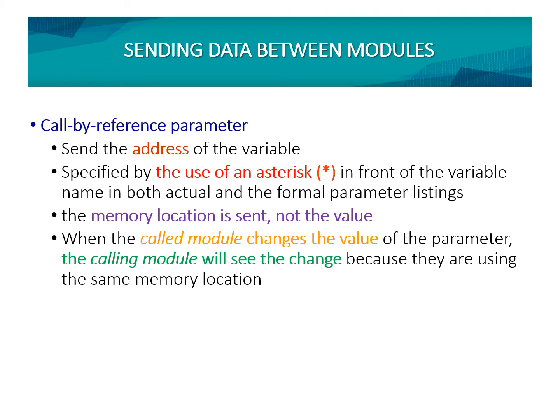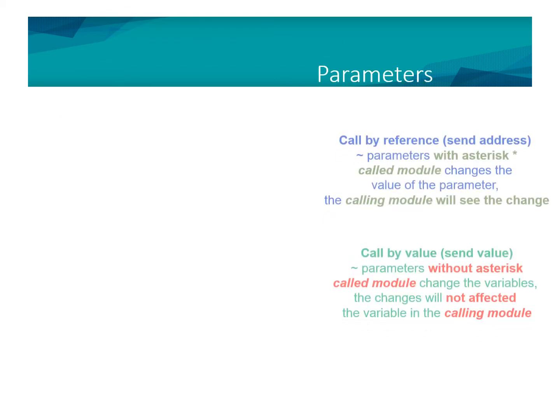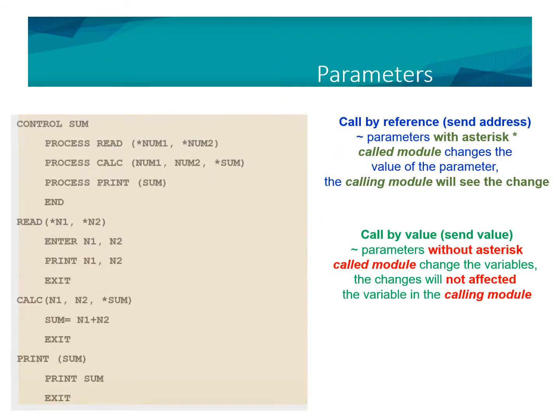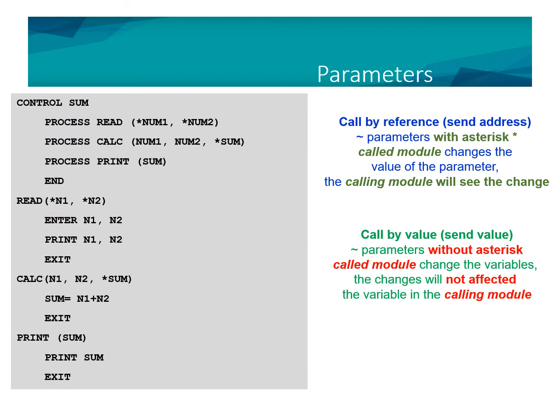When the call module changes the value of the parameter, the calling module will see the change, because they use the same memory location. Imagine we update the value of the current variable using the same memory location. Try to look at this algorithm: call by reference means we are sending the address to the other module.